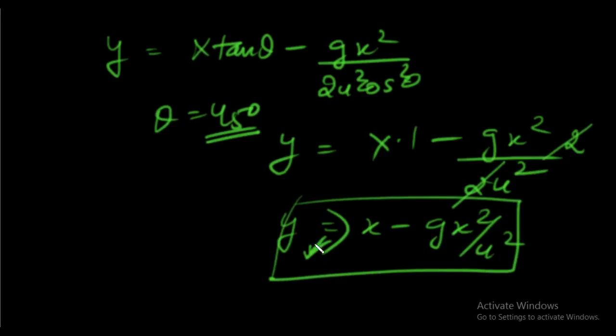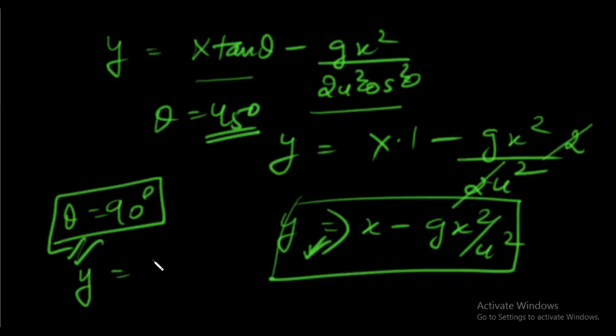Okay, for example, if I throw an object at 90 degrees, so when theta is 90, y would be reaching infinity, because tan 90 is infinity, and cos 90 is 0, so this would also turn infinity.